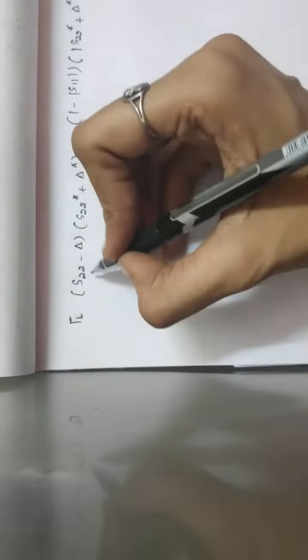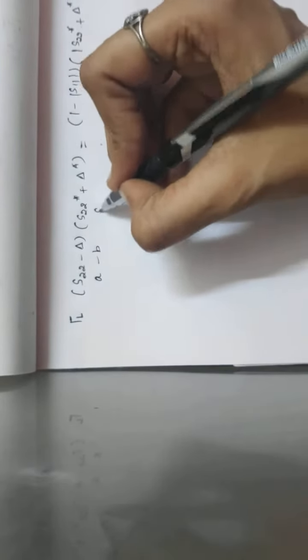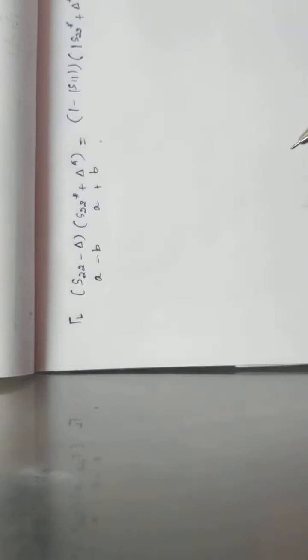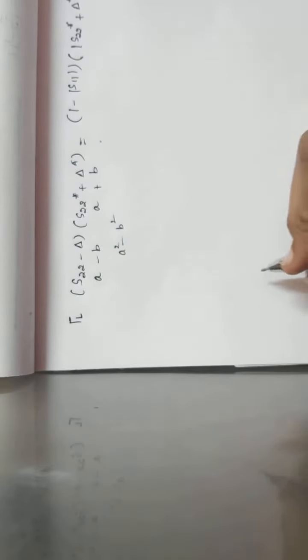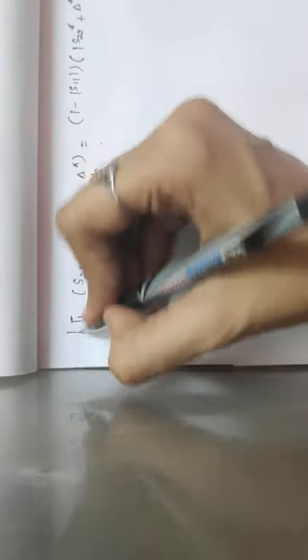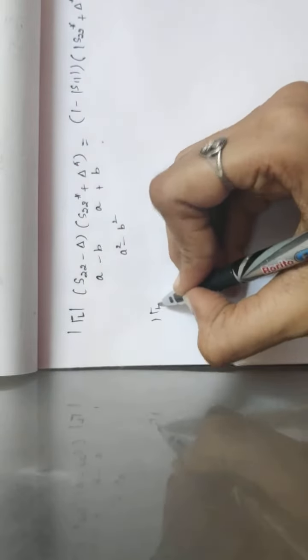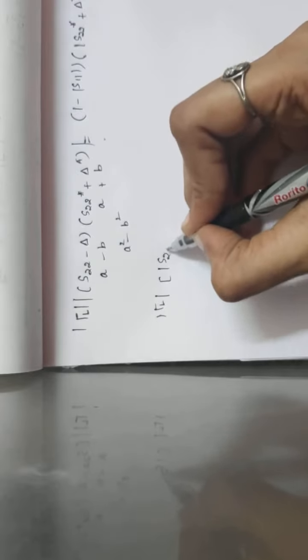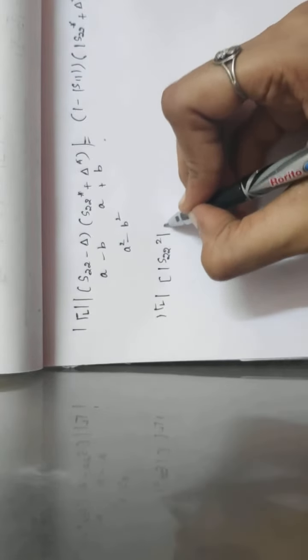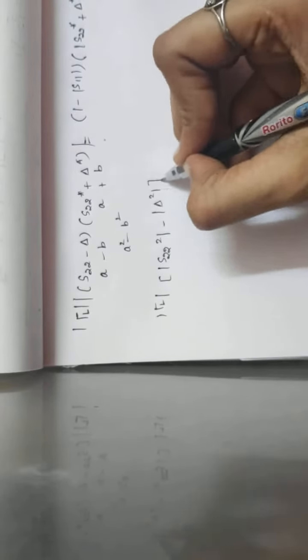Now we will simplify this equation. If you see this, it is of the form (a minus b) into (a plus b), so this can be written as a squared minus b squared. So this becomes, don't miss the modulus, the modulus of ΓL squared into (|S22|² minus |Δ|²).